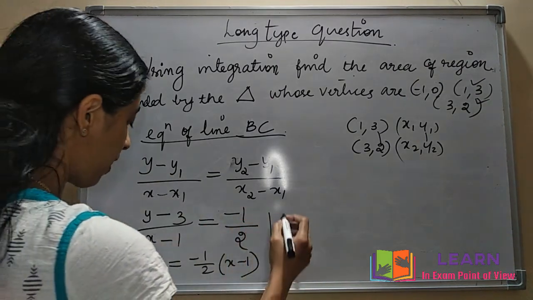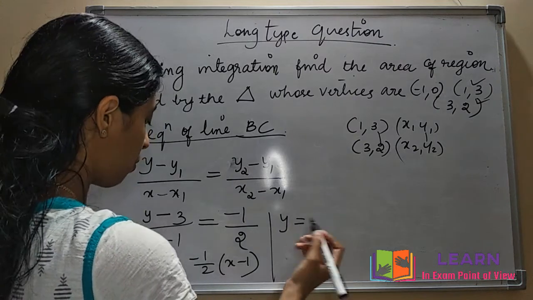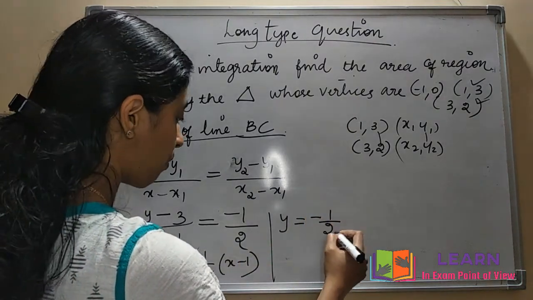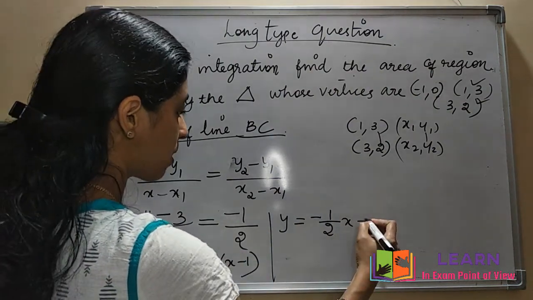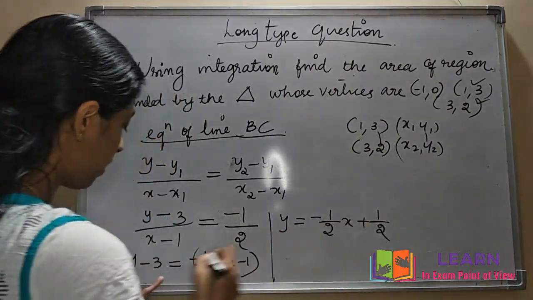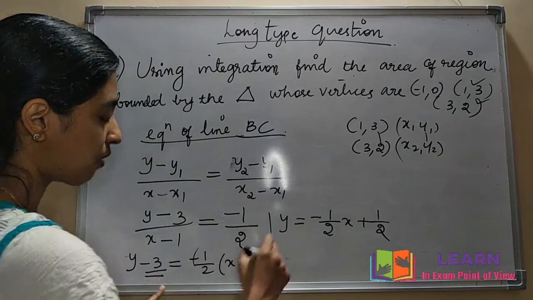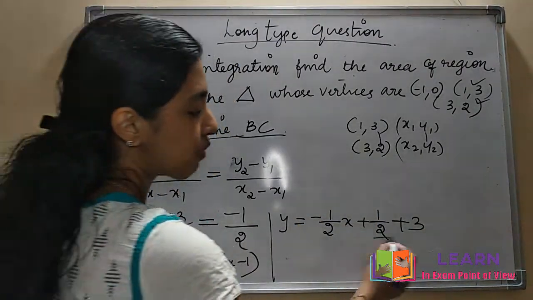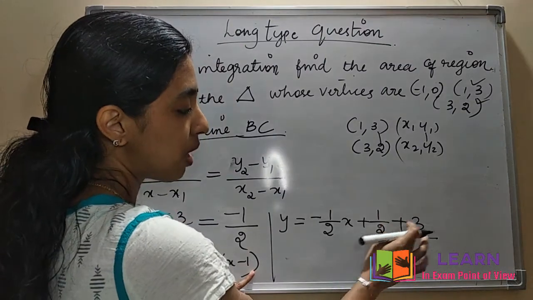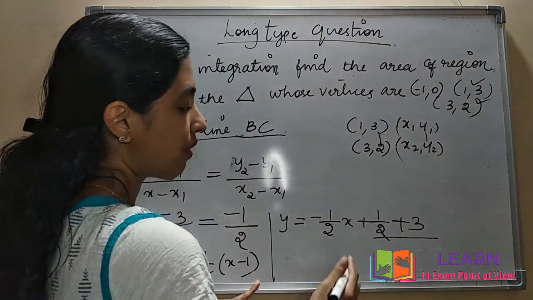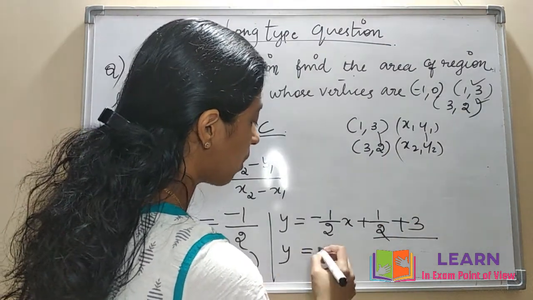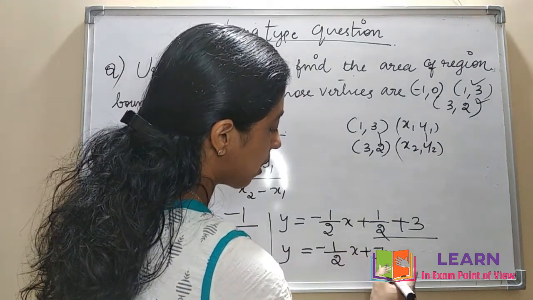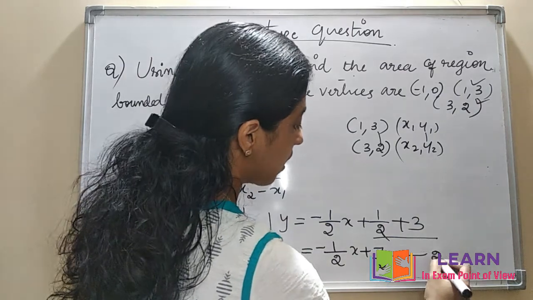Then we need y, right? y equal to, first take the half inside: minus half x minus minus, plus 1 by 2. Then minus 3 will go here, it will become plus 3. Then simplify this fraction. 1 plus x by 2, 7 by 2, right? That is y equal to minus 1 by 2 x plus 7 by 2. This is the second equation.